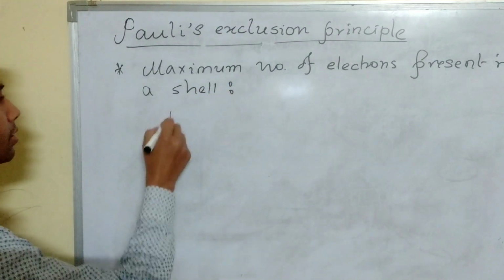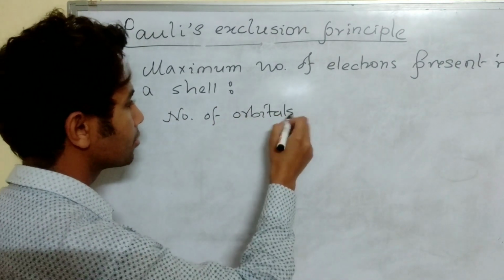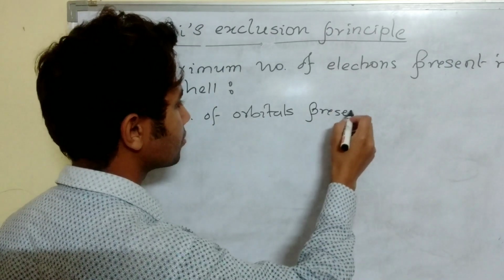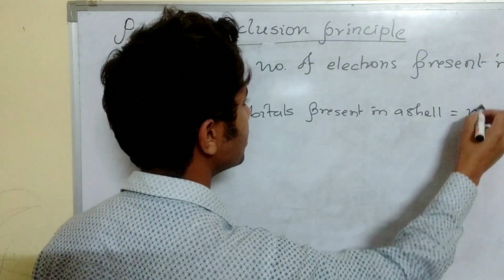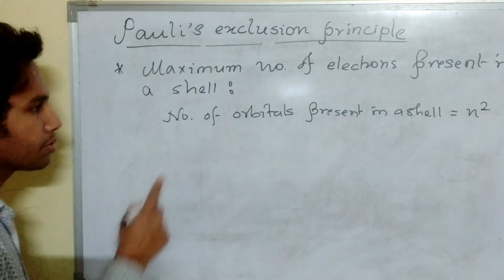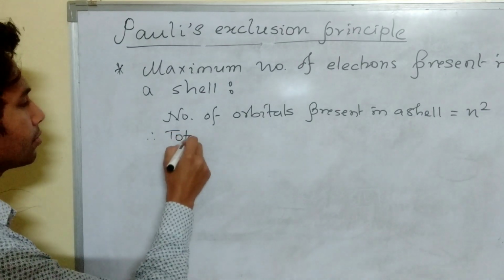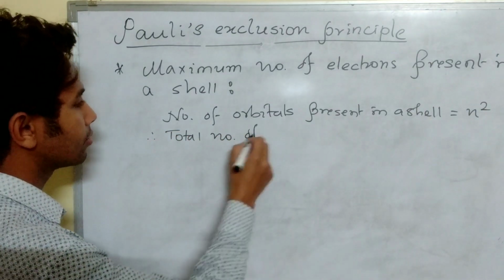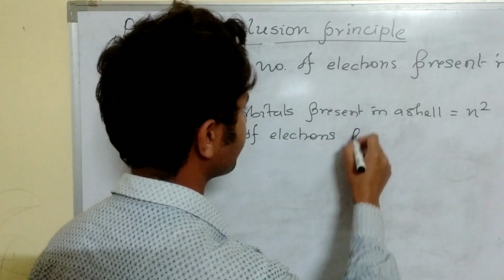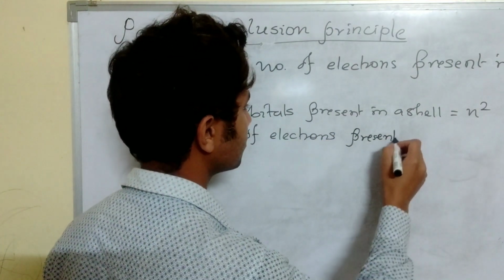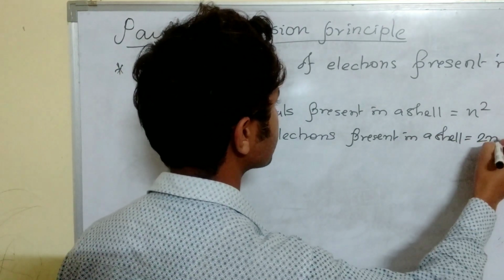We know that the number of orbitals present in a shell is equal to n square. So the total number of electrons present in a shell is equal to twice n square.